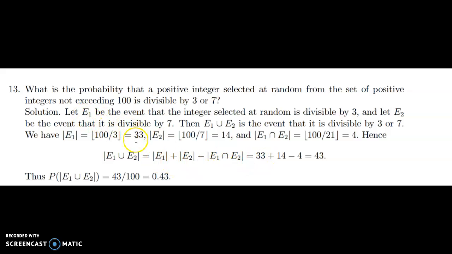We can put them here, here, and here, and evaluate, you get 43. So the event space consists of 43 numbers. So the probability of this event is 43 divided by 100. So 0.43.